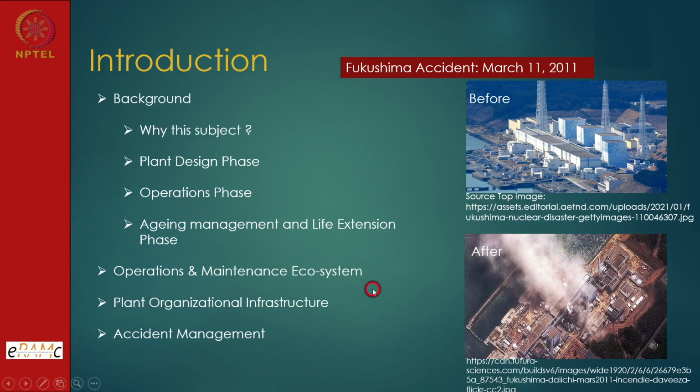The plant organizational infrastructure includes the human factor, which has an impact on plant operation, and there are built-in provisions like training, qualification, and periodic requalification, to ensure that the human factor is addressed properly throughout the plant operation.